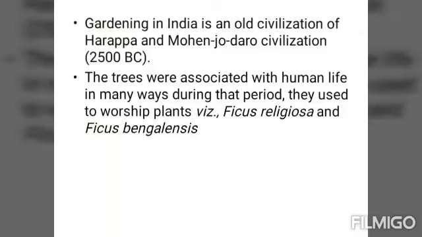Not only that, but it appears that in ancient India there was no particular design, shape and size of a garden. Like I said previously, there were no definite rules for making a garden.